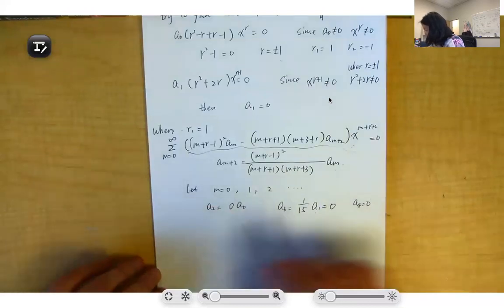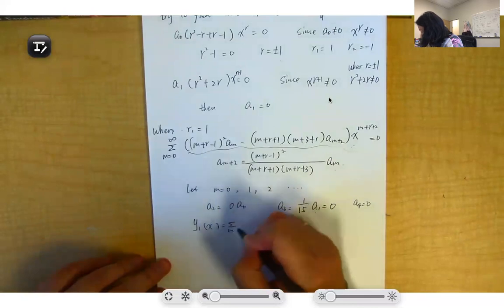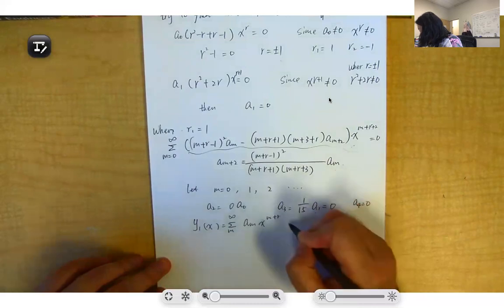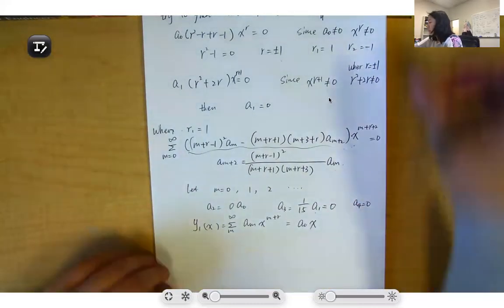So in the end, this y1 of x will be equal to the sum of am x to the m plus r, which equals a naught x. So that is the first solution.